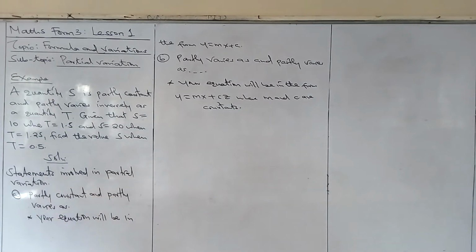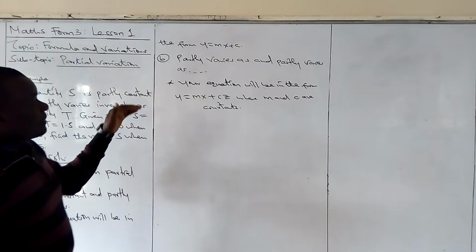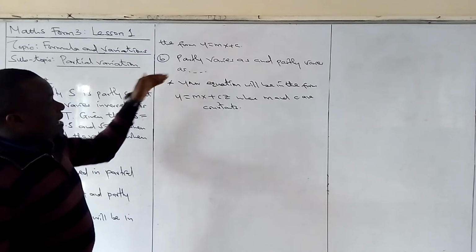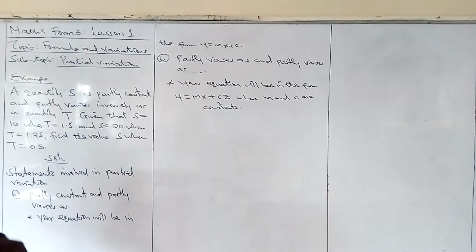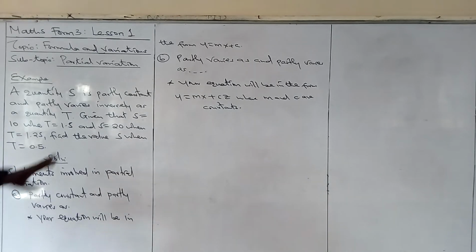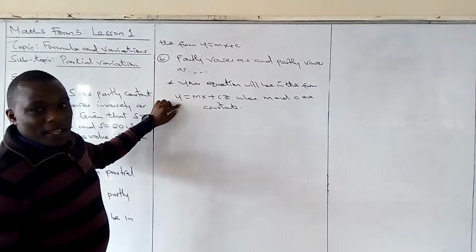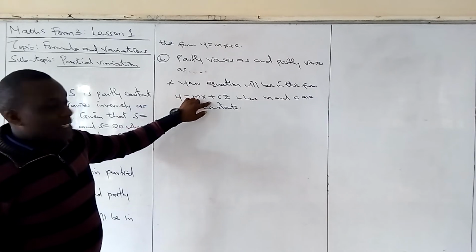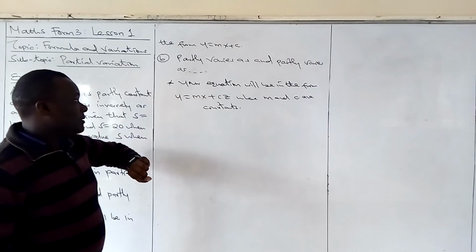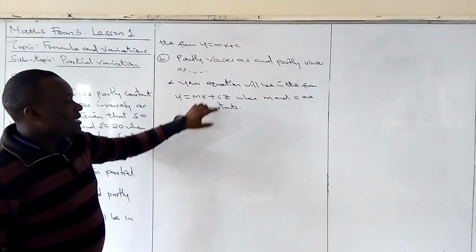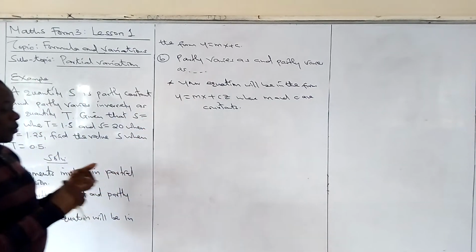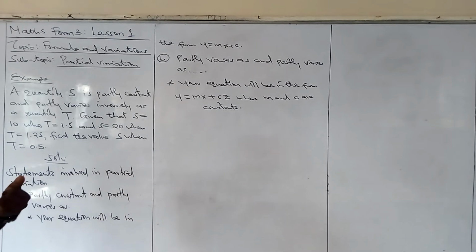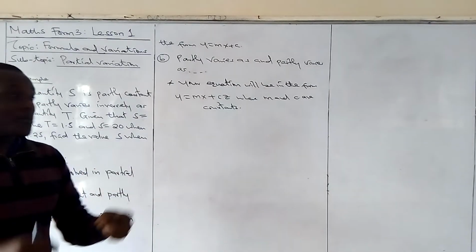So if you are told that a certain quantity is partly a certain quantity and partly the other one, part varies and part varies, it will give you the equation in the form of y is equal to mx plus cz, whereby m and c are constants. As you can see, in this case we have two constants, and each constant has a variable.